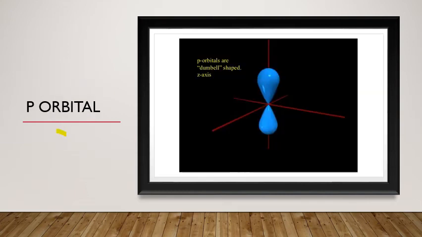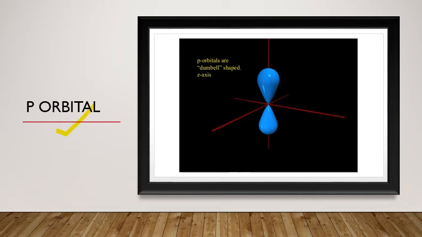The next orbital is the p orbital, which has a dumbbell shape, and the p orbital has three types of orientation. It can have the x orientation, y orientation and the z orientation, one kind of orientation on each axis.